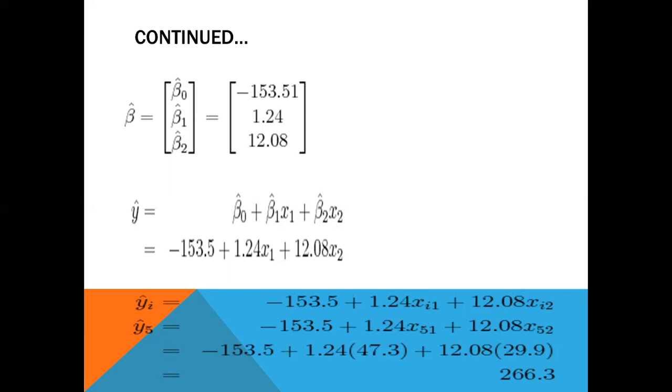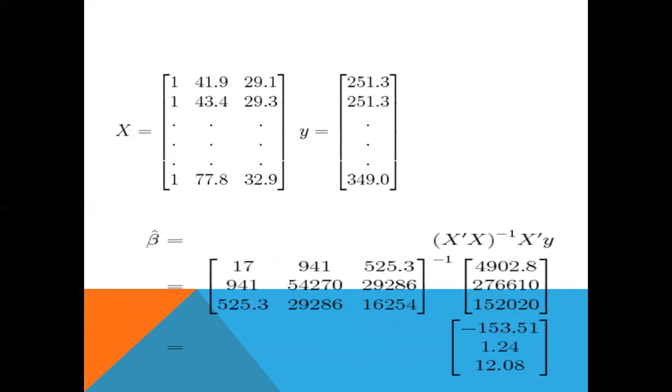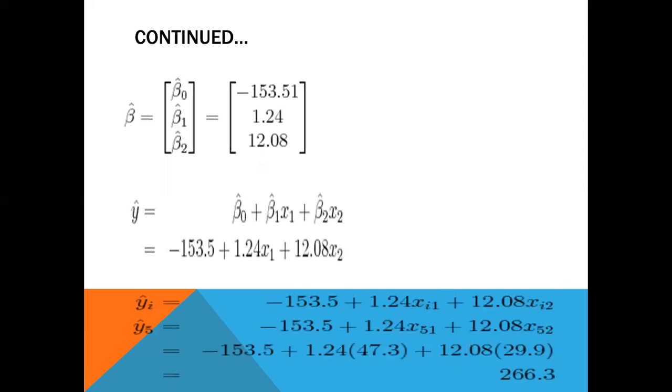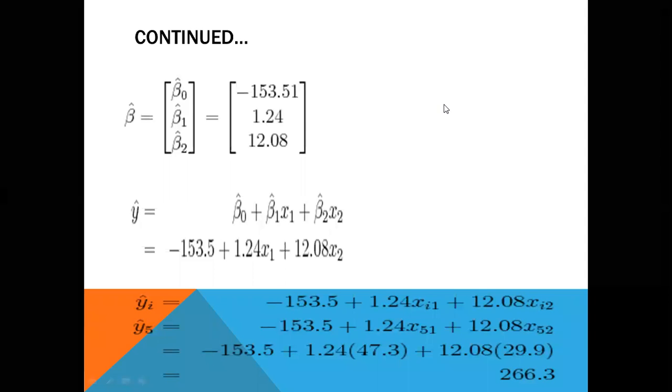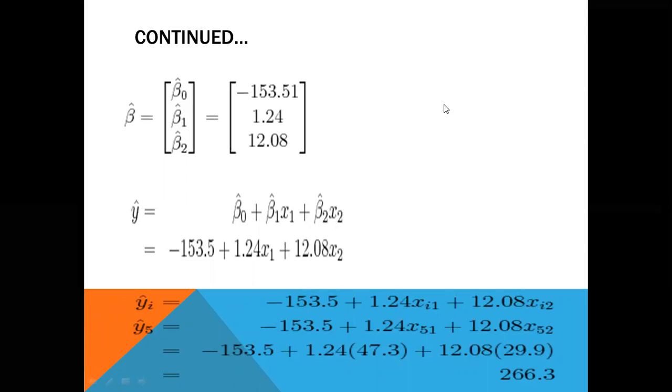All right, so b cap 0 is minus 153.1, then b cap 1 is 1.24, b cap 2 is 12.08. So when you solve the equation carefully, you will get b cap 0, b cap 1, b cap 2 values as minus 153.5, then 1.24, then 12.08.